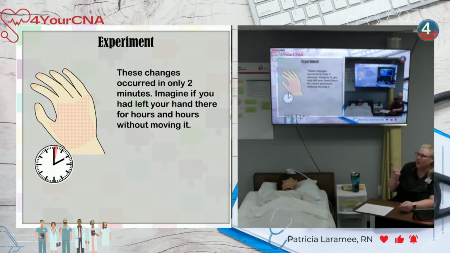Hospitals, they're so focused on the acute problem, what the patient is there for, the stroke or the heart attack or the broken hip, that they forget about this and they don't turn the patients. So now your patient has a stroke or a heart attack or a broken hip and a bed sore. And remember, these things can take months, if not years, to heal. So we've got to get better about this.